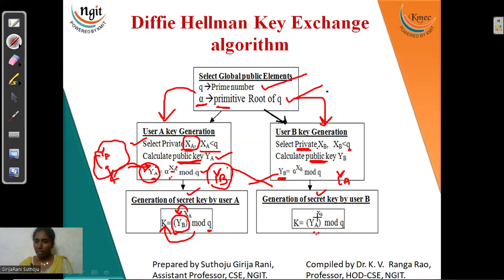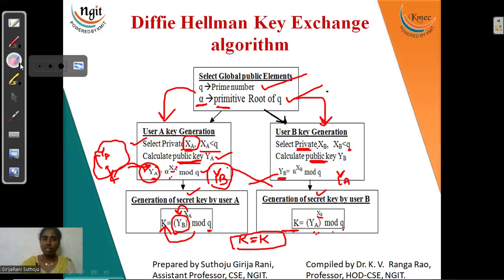With that YA to the power of my private key mod Q, I will get K. So this K generated at A will be equal to the K generated at B. This is a common secret key generation between both sender and receiver.